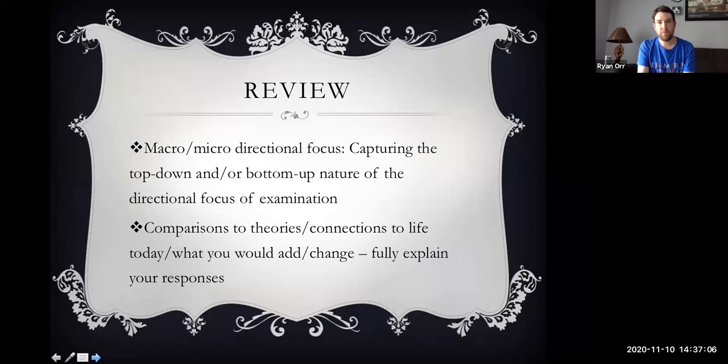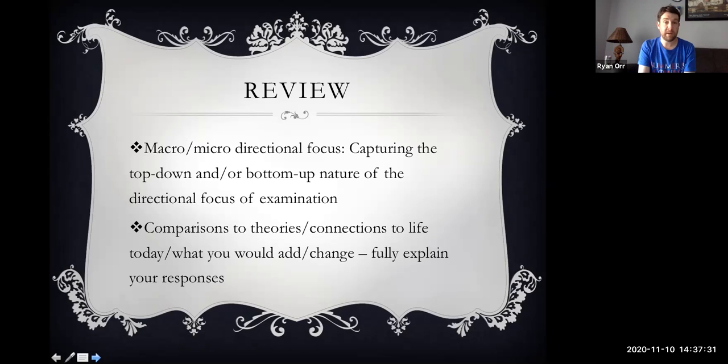When it comes to all these, the comparisons, the connections to life today, what you would add and change, just fully explain your ideas. So if you're connecting it to Mead and Cooley, and you're going to look at the similarity tied into that psychological tension, explain that. Don't assume again that I know where you're going with it. Make sure you're explaining your ideas fully.